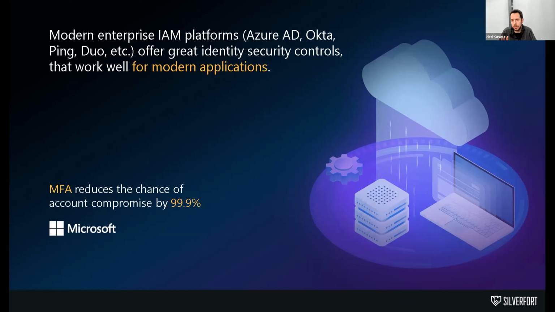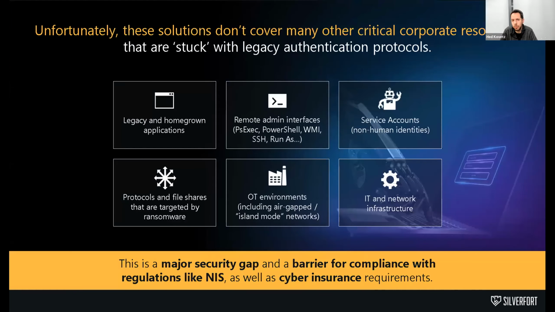They do a great job at providing identity and access security for modern environments, modern applications, cloud applications, corporate networks. But when it comes to critical infrastructure, these solutions simply cannot operate because these systems are usually stuck with legacy authentication.